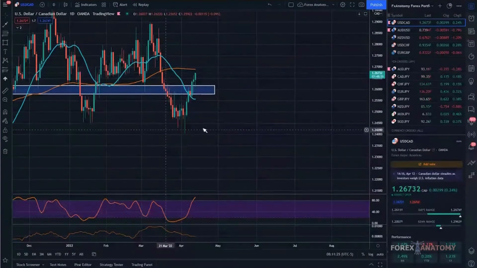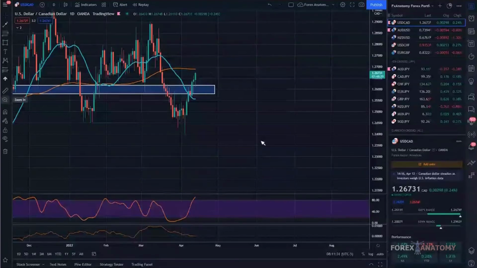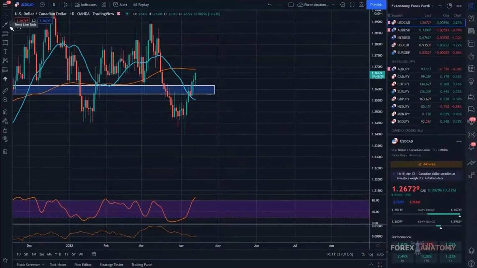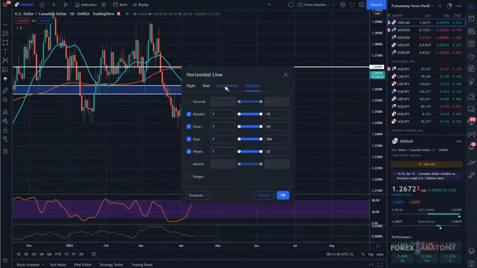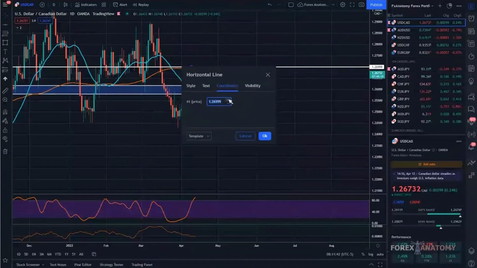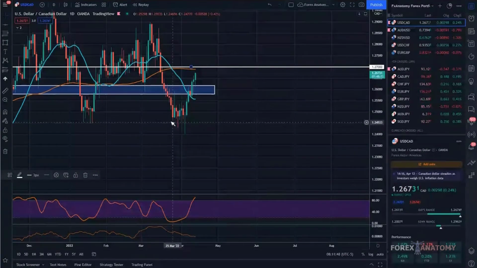But if you look at price right now, there are a few things I want to touch on. For starters, we have what you would consider to be an institutional level right around this area. Let me move that up. The $1.27 level, that's an institutional level.